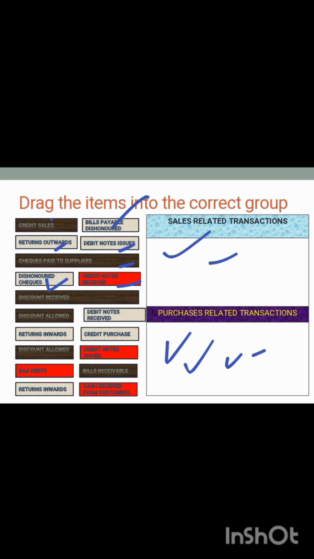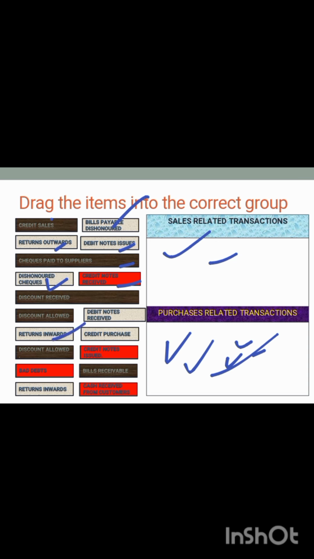All right, so credit note received, this will be relating to what? To purchases. Discount received also is relating to purchases. Debit note received, I've told you, when you receive, is relating to purchases. Then return inwards, the goods sold out and they return them back to you, so it's relating to sales.